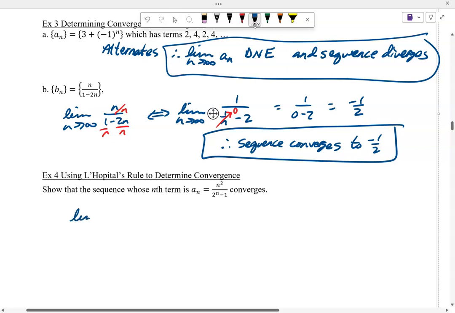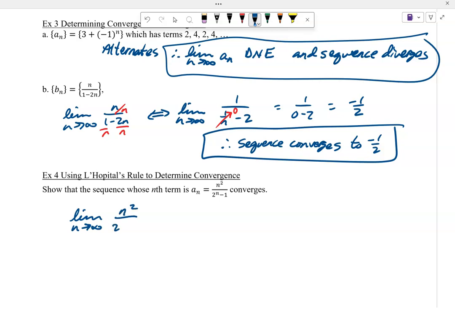Let's look at this one. Determine convergence on this one. Limit as n goes to infinity of n squared over 2 to the n minus 1. Well, notice we have infinity squared over 2 to the infinity minus 1. We've got infinity over infinity. Now, there's no algebraic technique for this. We're going to be forced to use L'Hopital's rule.